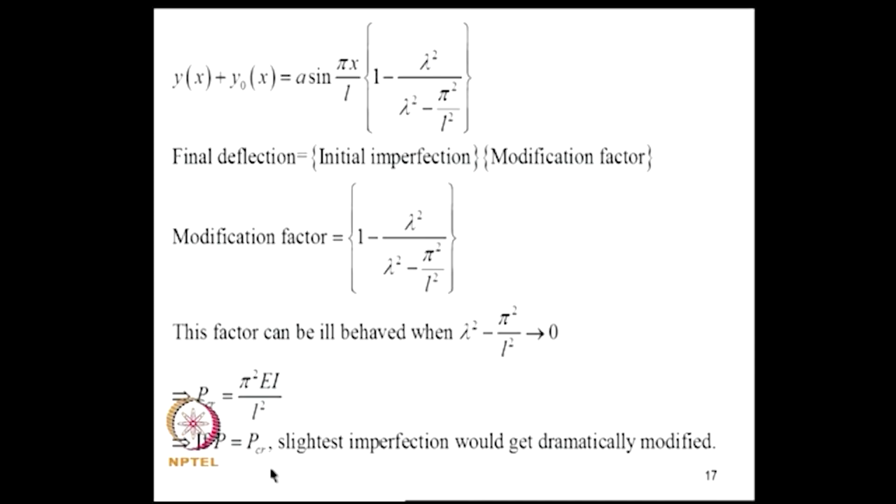So, if P equals P critical, the slightest imperfection would get dramatically modified. That means whatever slight deformation of the beam already exists as an imperfection, because of axial loads it can get dramatically modified, provided the axial load is in the neighborhood of this critical load. So, the axial load reaching the critical value again turns out to be of engineering importance.